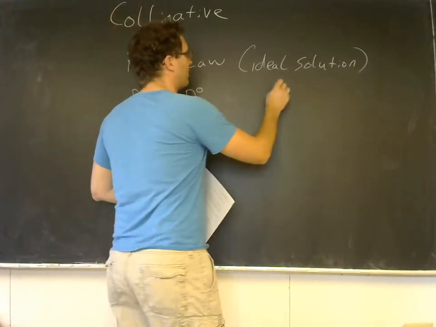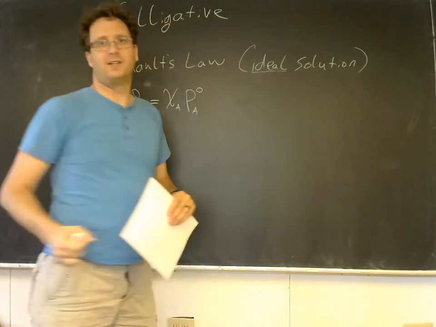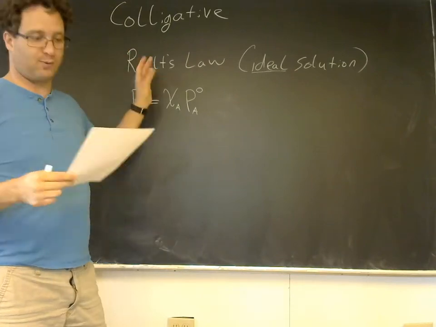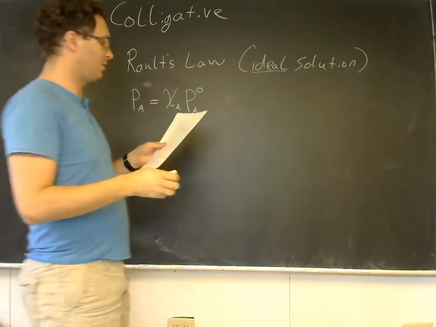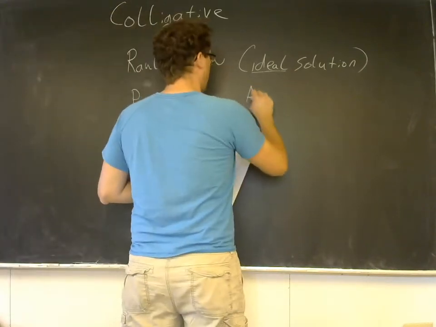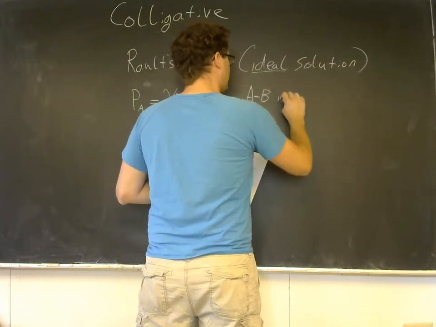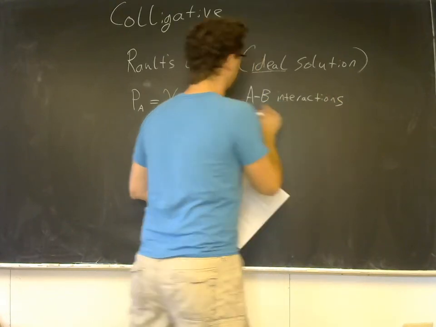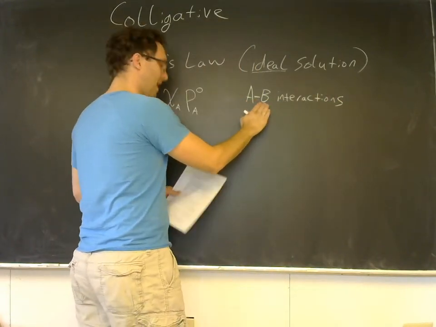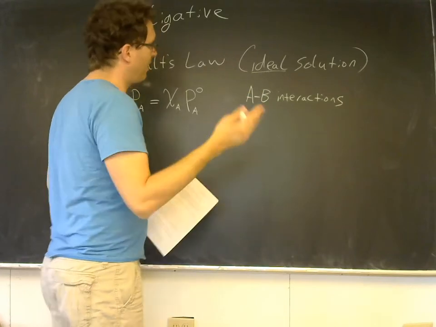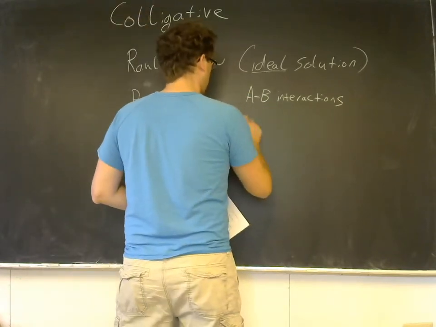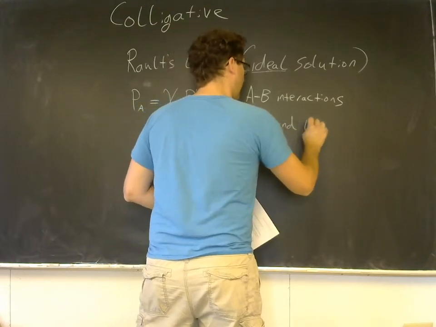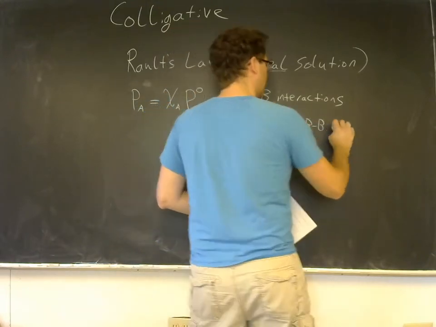So what makes a good ideal solution? Which types of solutions follow most closely to Raoult's law? Well, those are the ones that have A-B interactions, that is, interactions between the solvent and the solute that are similar in strength to AA and BB interactions.